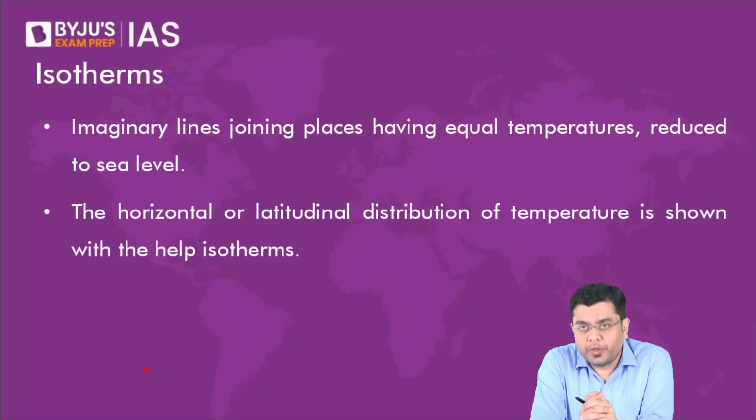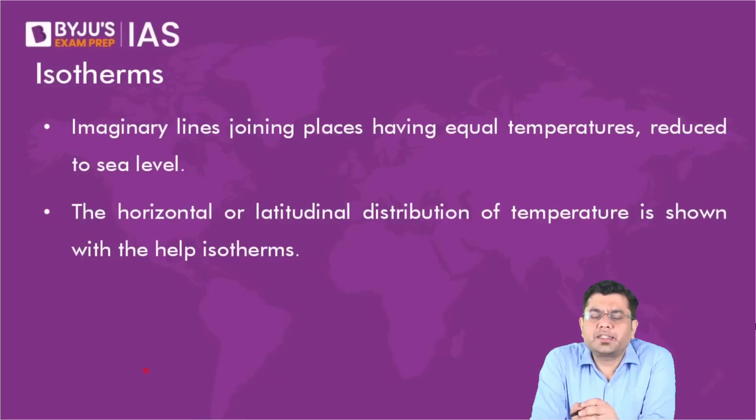What is meant by isotherms? Let's suppose you are tasked with maintaining a record of temperature distribution in various areas. How do you maintain that record? Will you mark each and every place and write the temperature in brackets nearby?